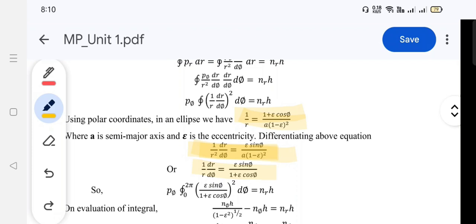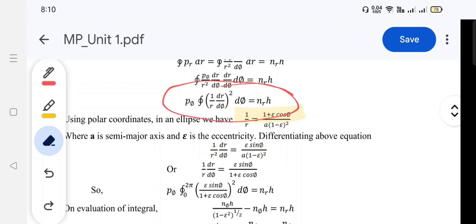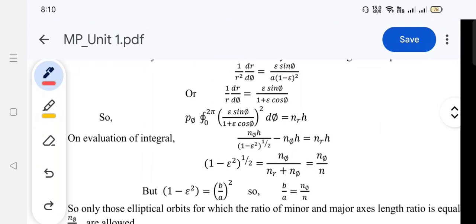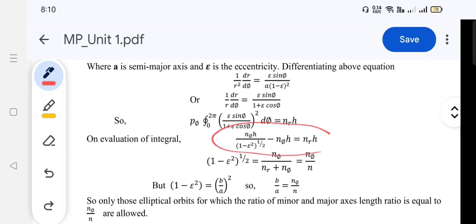Now let us substitute this equation in the integral. On substitution we get this equation. Here it is a standard integral whose value can be written as shown by this equation.